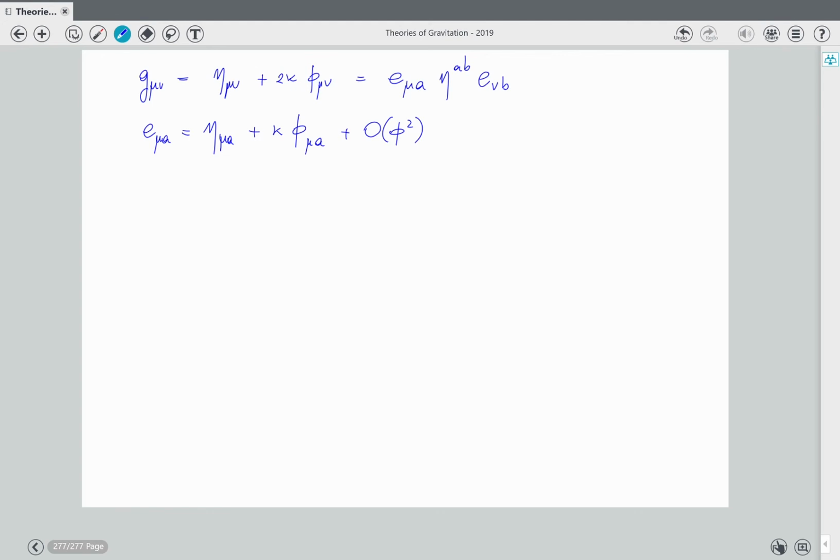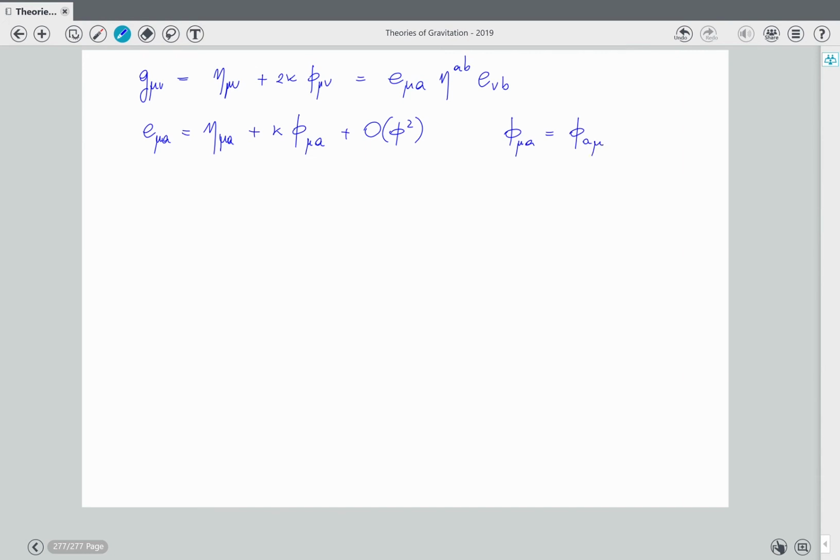But to the lowest order, the one that will give the quadratic part of the action, that's just this. So to the lowest order, this symmetric gauge is the assumption that phi_mu^A is equal to phi^A_mu.